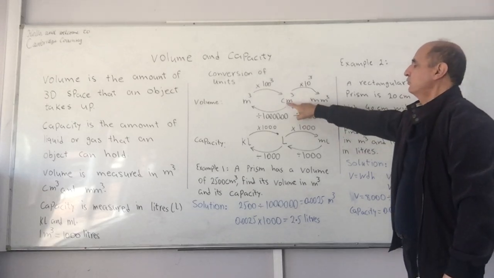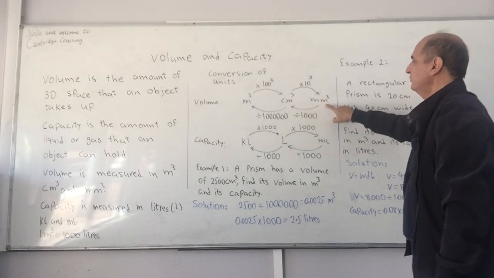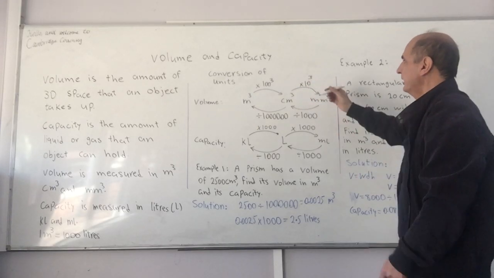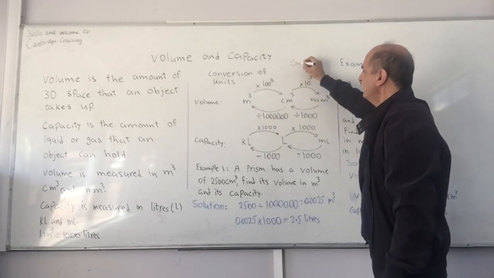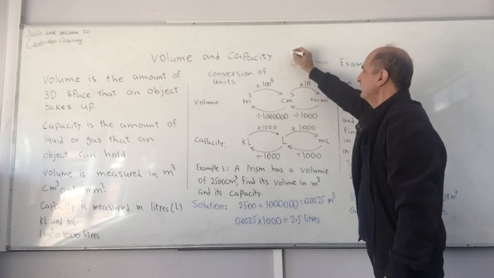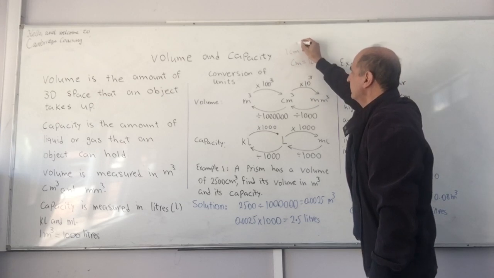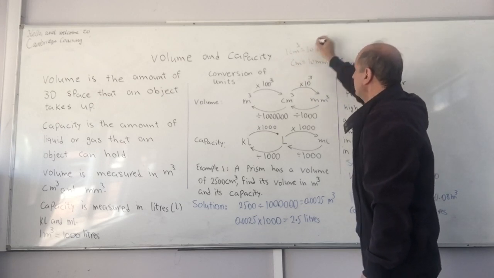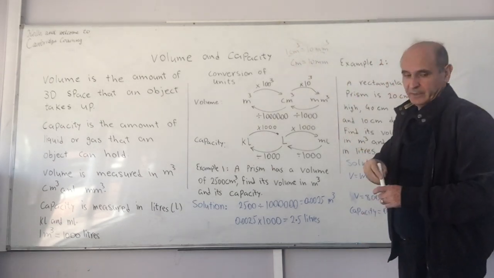Alright, to go from cubic centimeter to cubic millimeter, again times by 10 to the power of 3. Again, you got to remember that 1 centimeter is 10 millimeters. We are not going to say that 1 cubic centimeter is also 10 cubic millimeters. That would be wrong.